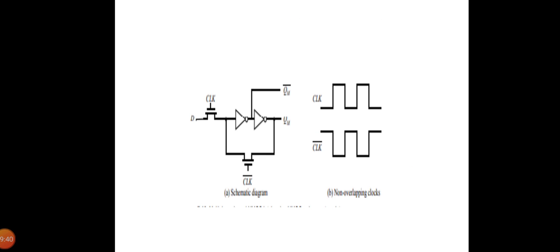When the clock is high, the latch samples the D input, while a low clock signal enables the feedback loop and puts the latch in hold mode. While attractive for its simplicity, the use of NMOS-only pass transistors results in passing a degraded high voltage of VDD minus VTN to the input of the first inverter, and this impacts both noise margin and switching performance, especially in the case of low values of VDD and high values of VTN.